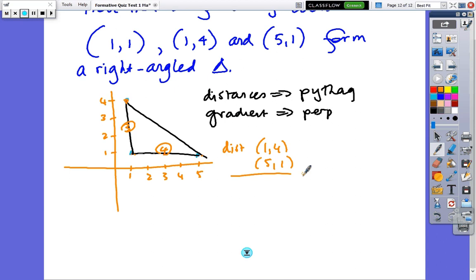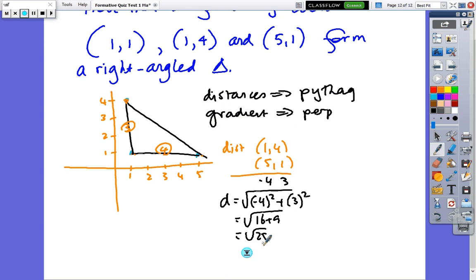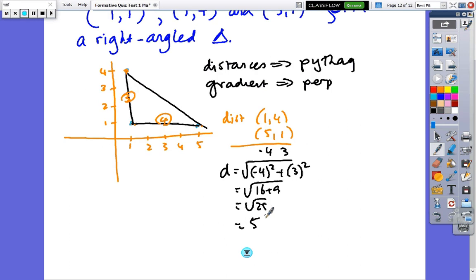So we subtract the numbers, so you get minus 4 and 3. So the distance equals the square root of minus 4 squared plus 3 squared equals 16 plus 9 equals 25 equals 5. So that distance there is 5. So you've got a 3, 4, 5, and that's a Pythagorean triad.